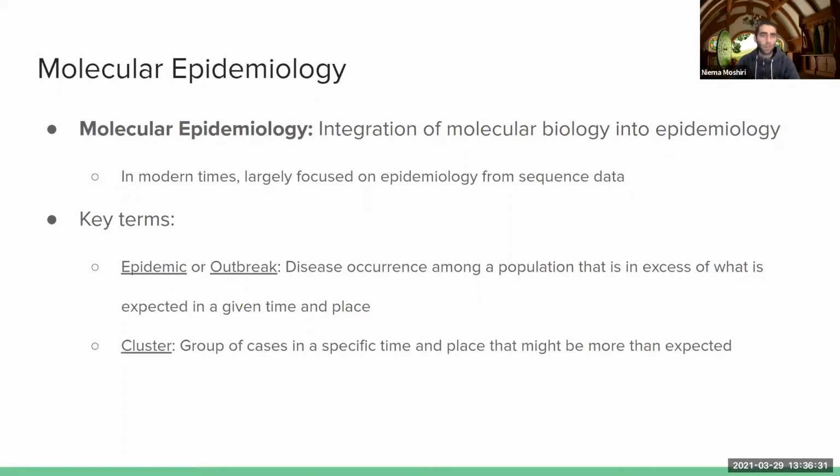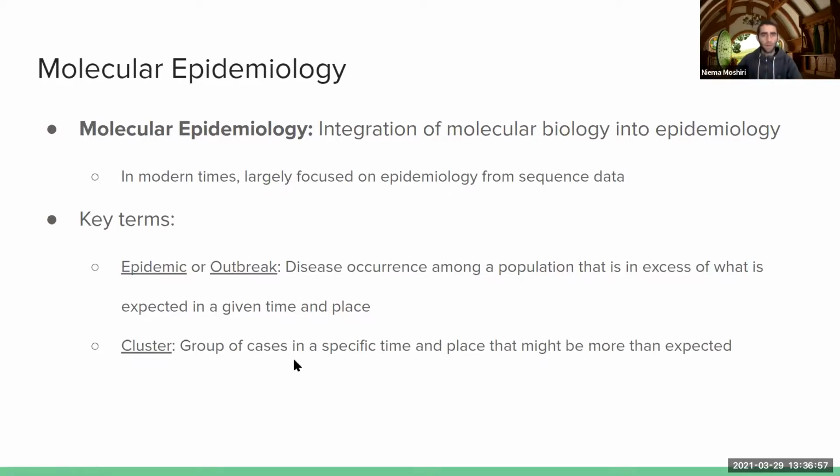Okay, so a cluster, and I think people here are freshmen, so maybe you haven't taken a computer science course. The epidemiology definition of a cluster is not necessarily equivalent to the mathematical or computer science definition of a cluster. A cluster in epidemiology just means a group of cases in some specific time and place that might be more than expected, where a case is someone that has the disease.